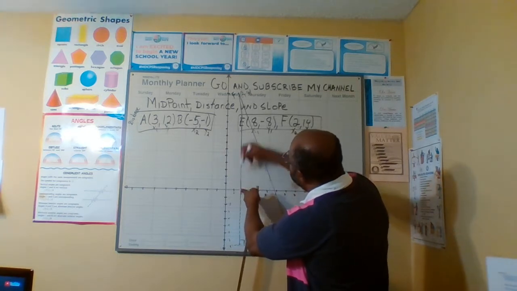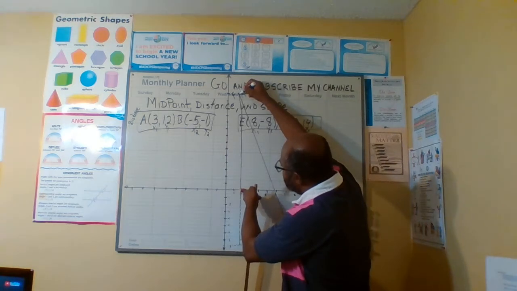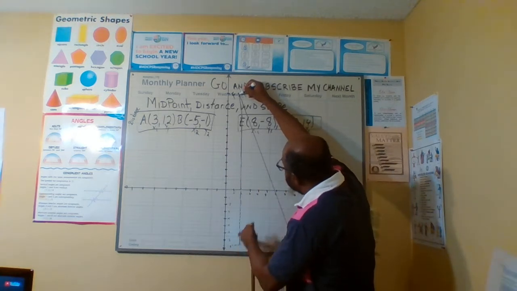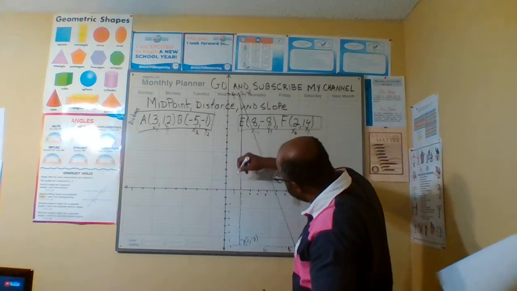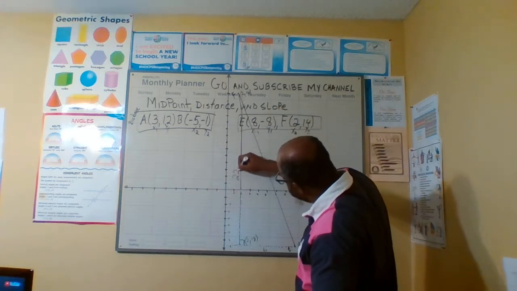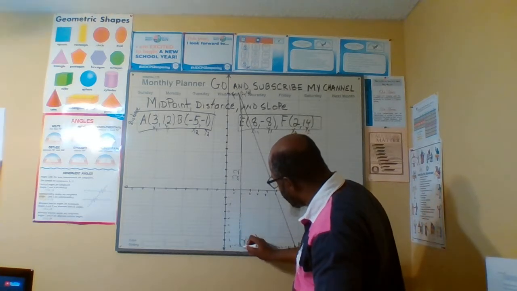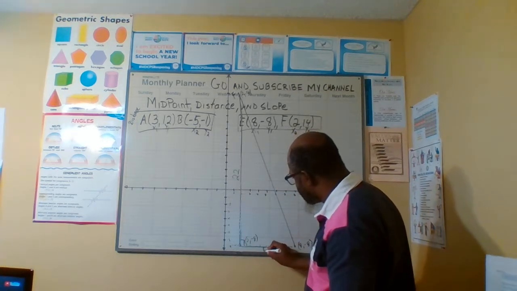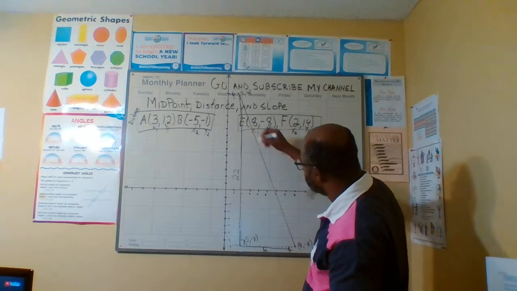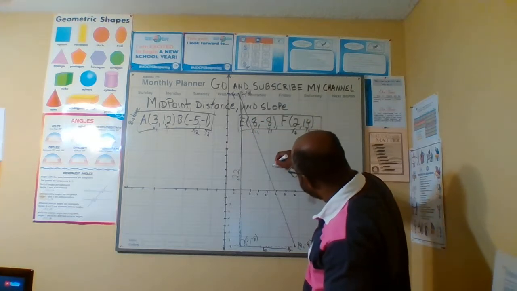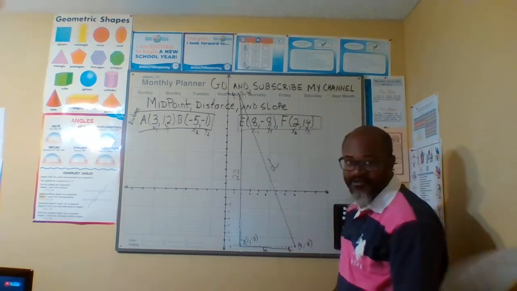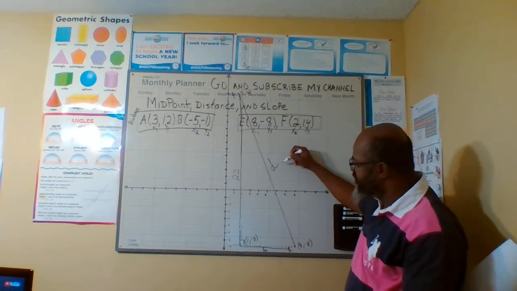From here to there is what? 14 units. So if I take 8 and add 14 to it, this will give me 22. So those become the legs of your right triangle, 6 and 22. And this becomes the hypotenuse. Alright? You will have to find the distance of the hypotenuse.